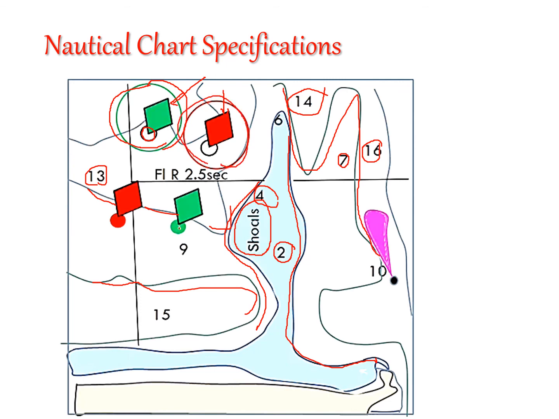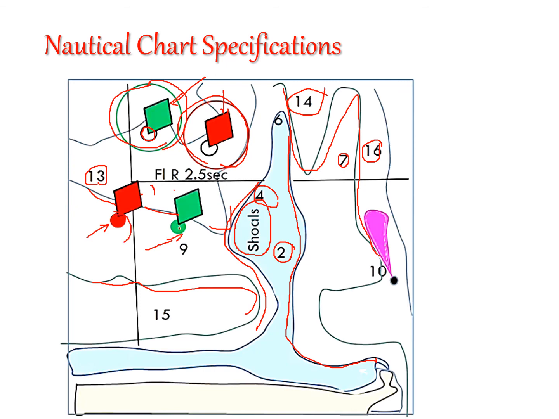These indicate buoys, which are floating devices that indicate some significance. Now this one is also green, and this one also is called a buoy, a floating one, but they emit electric light.